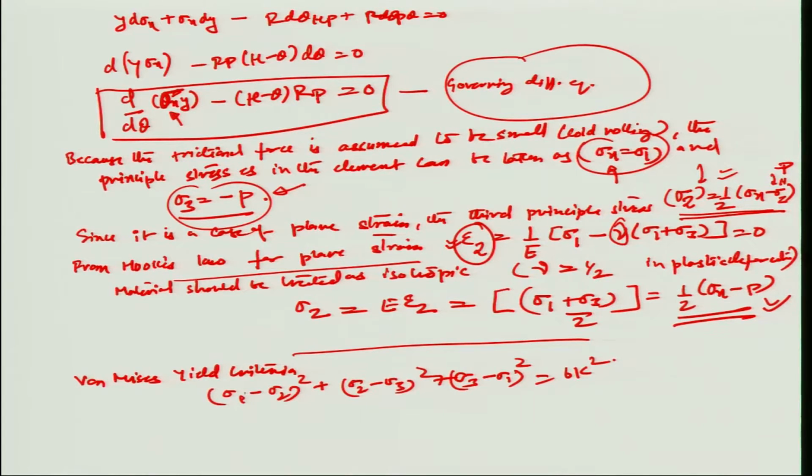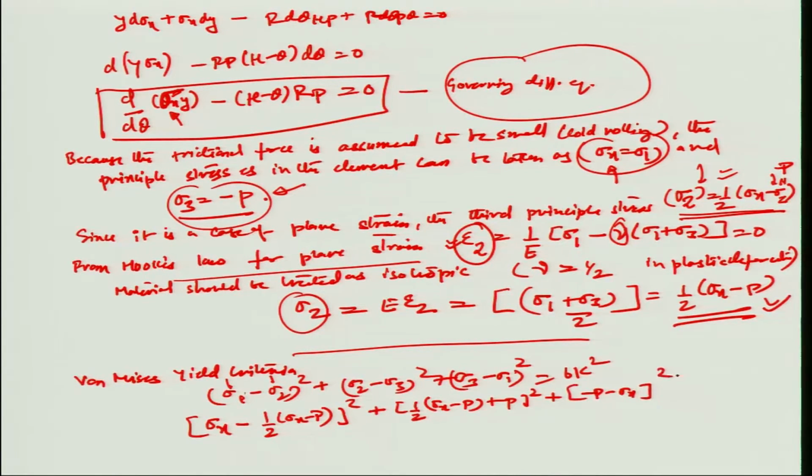Here in this example, if we substitute the values of the various sigmas, sigma 1 is basically sigma x, and sigma 2 has been found to be half of (sigma x minus pressure P). So the square of this, plus half of (sigma x minus P) plus P, squared, plus (minus P minus sigma x) whole square should be equal to 6k square.